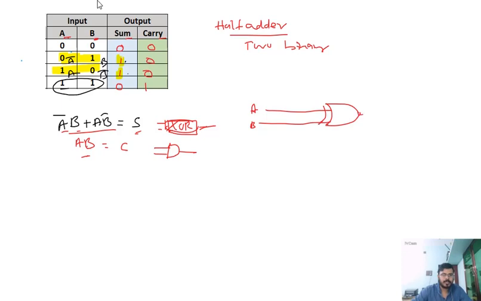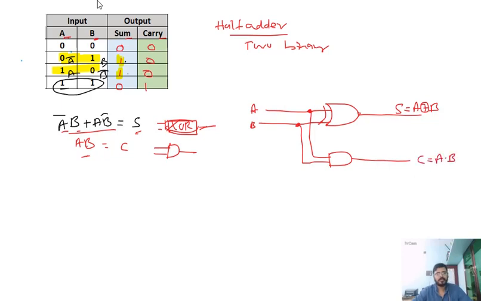This output will be equal to your sum, and that is equal to A XOR B. Now we need an AND gate for carry. From A we have a connection to the AND gate, from B another connection, then this will be carry, and that will be equal to A into B.